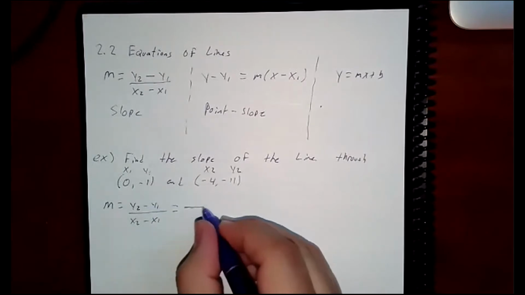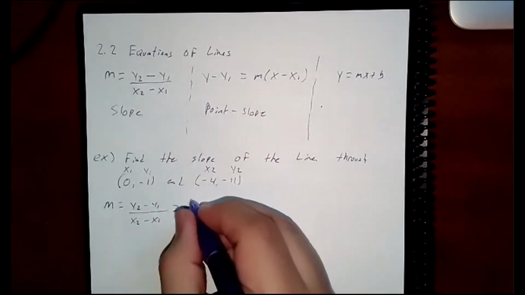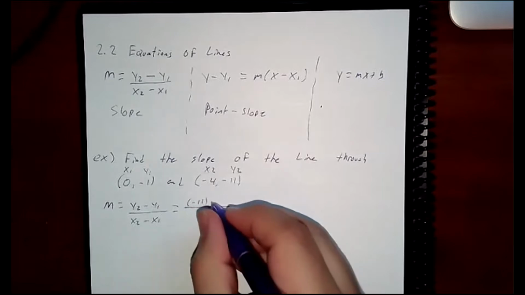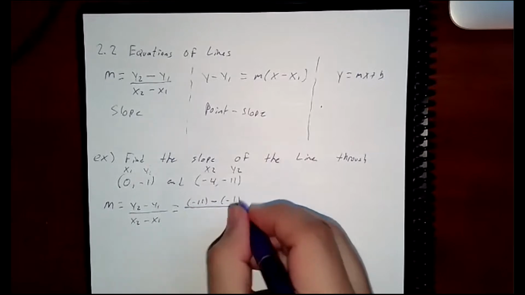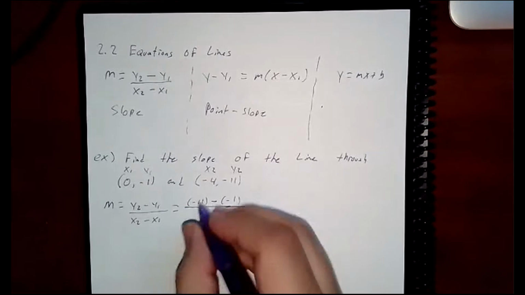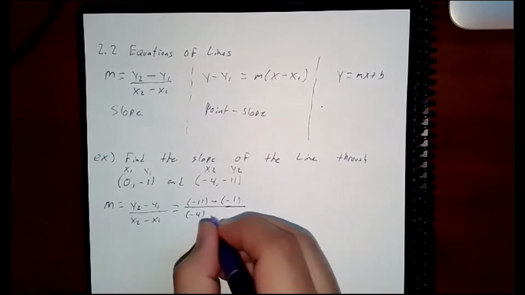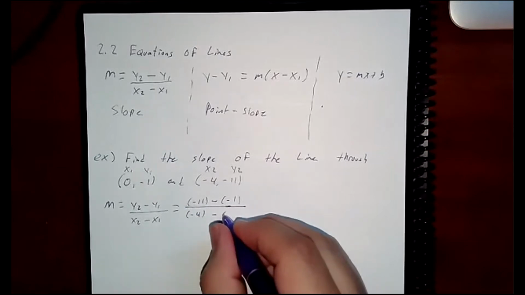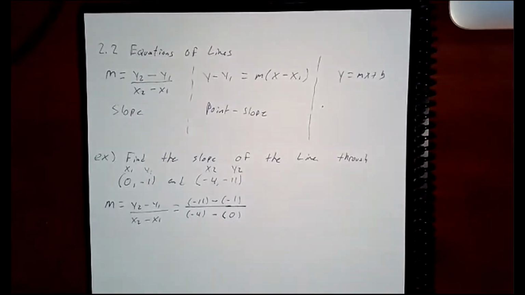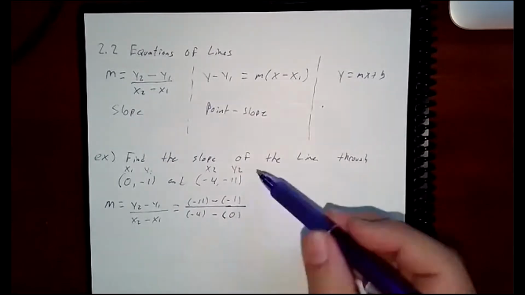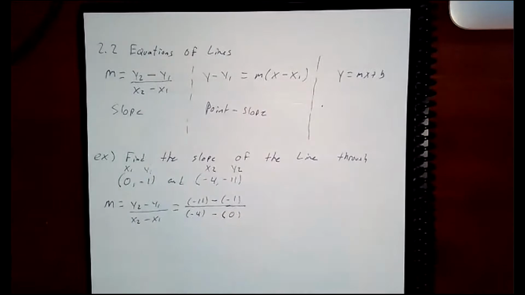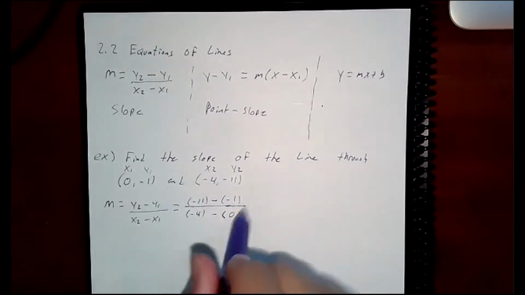Leave them there. So y2 minus y1, over x2 minus x1. Double check that: y2, y1, x2, x1.